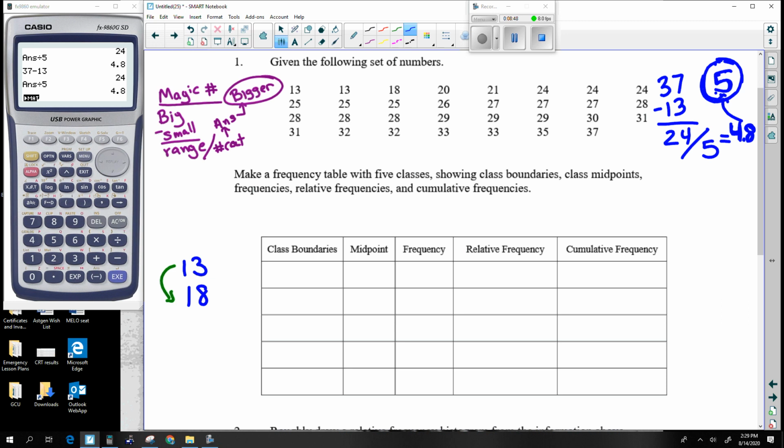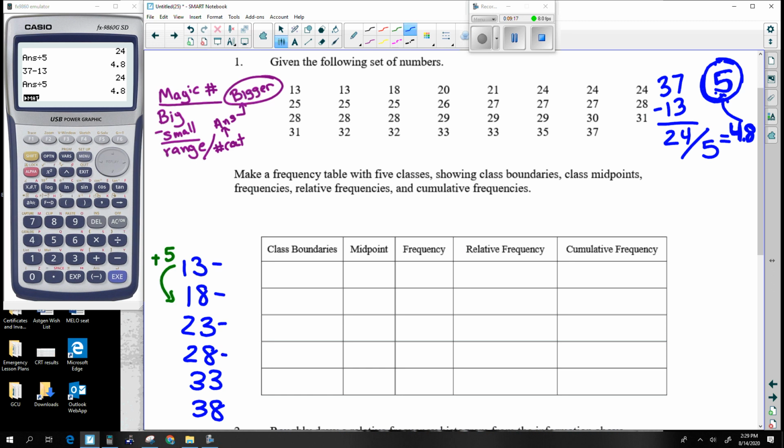The next category below that is going to start at 23, then 28, and the one below that is going to be 33. And then I take 1 extra. I add that magic number going down, not going across.